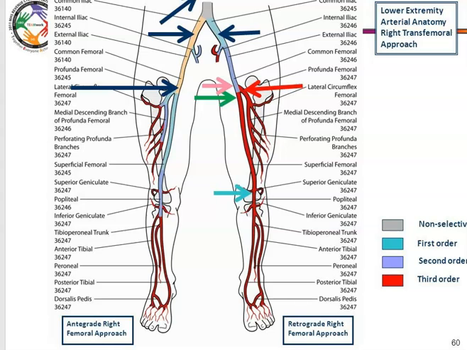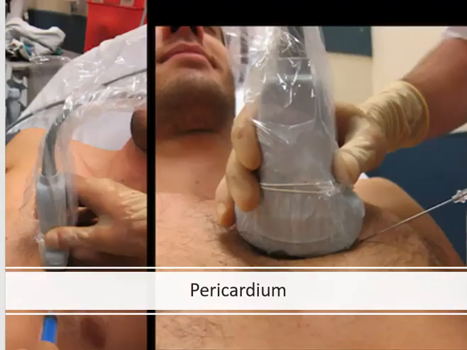Whereas selective, the catheter is placed into a branch off of the aorta or the access vessel, and they're going into the different vascular families. And again, if you look at Appendix P, you'll see what we mean by first order, second order, and third order.